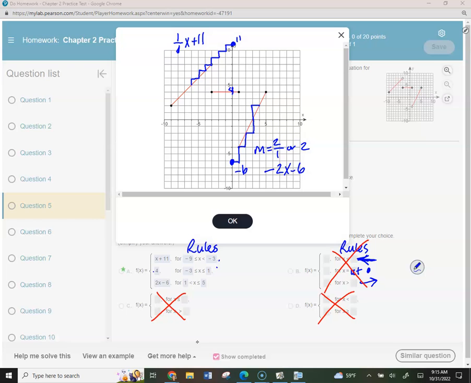Yes, it's at 3x negative 9. It's negative 9, negative 30... 1, 2, 3, 4.